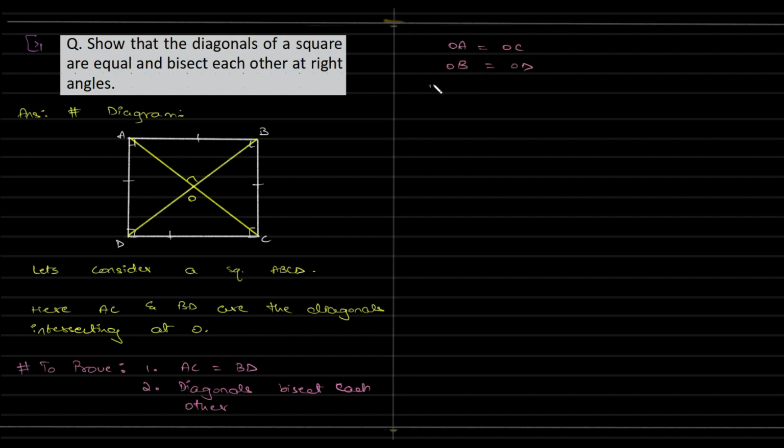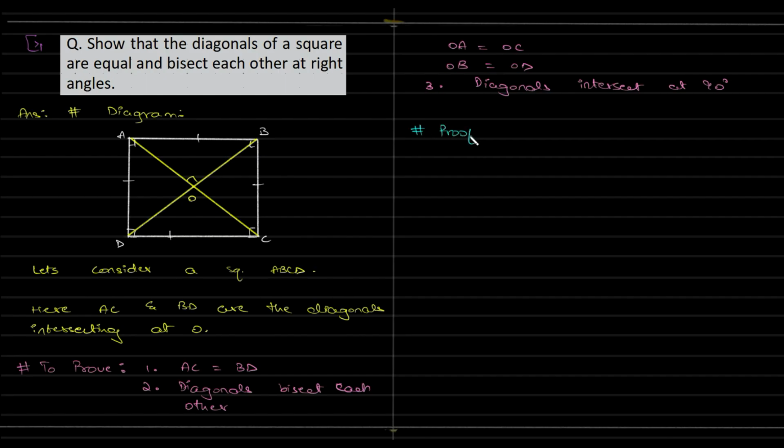Then the third one is at right angle, that is diagonals intersect at 90°. So each of these angles is equal to 90°, right? So these are all the things that we need to prove.